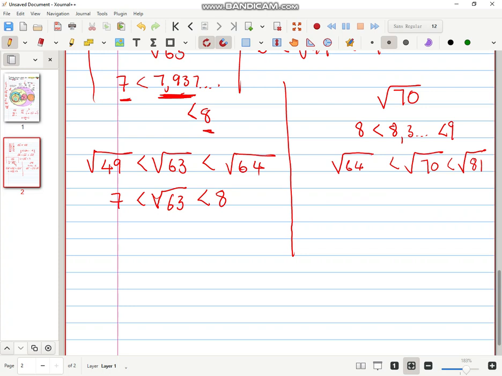You're just finding a better way of doing this, because in order for you to reach 64, you need to minus 1 for 6 times, and in order for you to get to 81, you need to add 1 for 11 times. You see, that's time consuming in an exam room. But if you take that number, put it in your calculator, take the square root of 70 like this, and see it's between 8 and 9, then you're good.